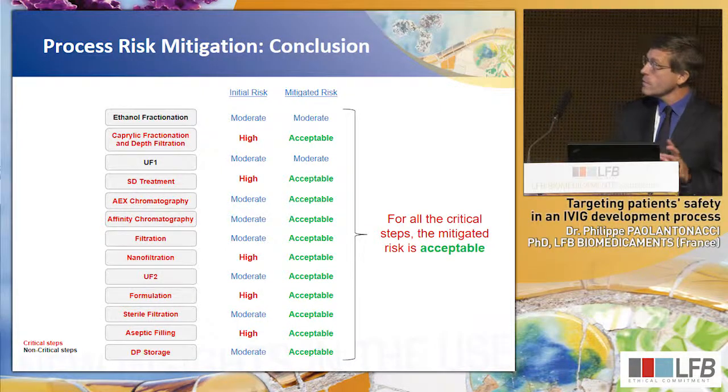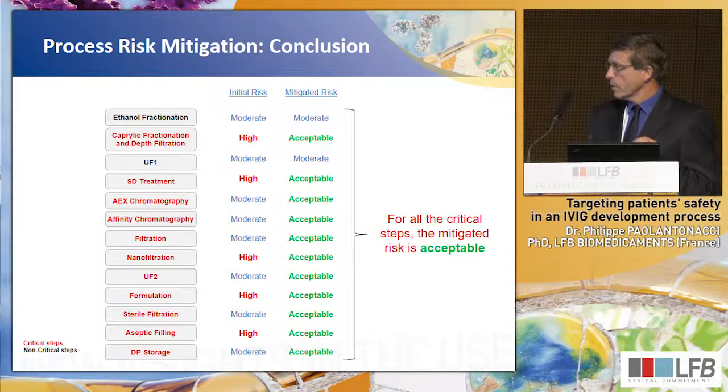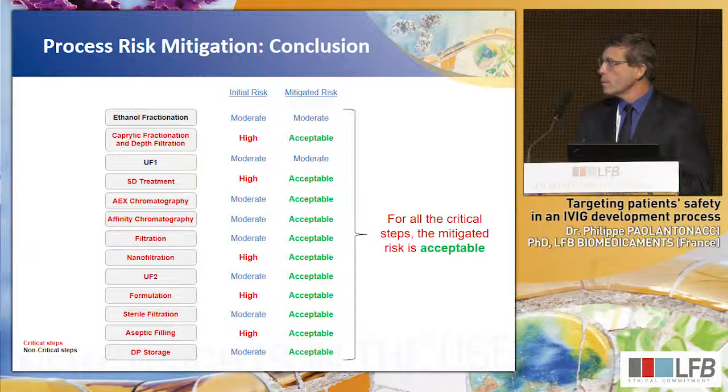So based on this robustness and full-scale validation, we can identify that for all the critical steps, the risk moved from high or moderate to acceptable level. So we have very good confidence and some proofs to go through the routine manufacturing condition.